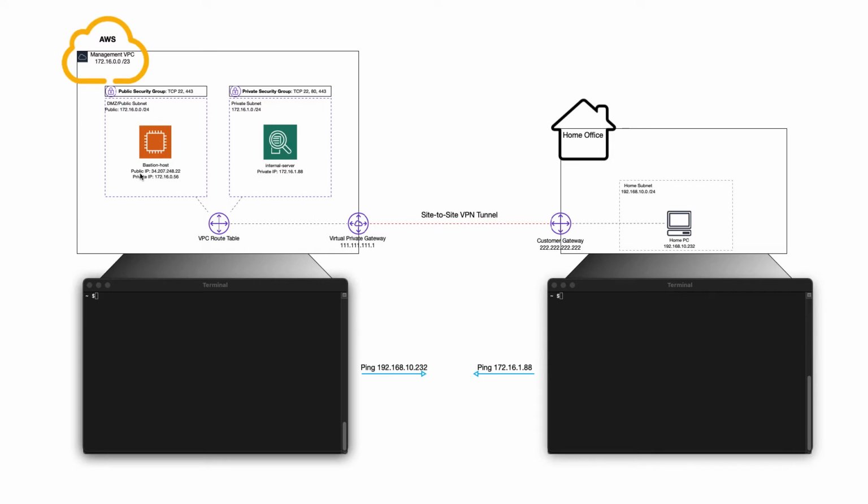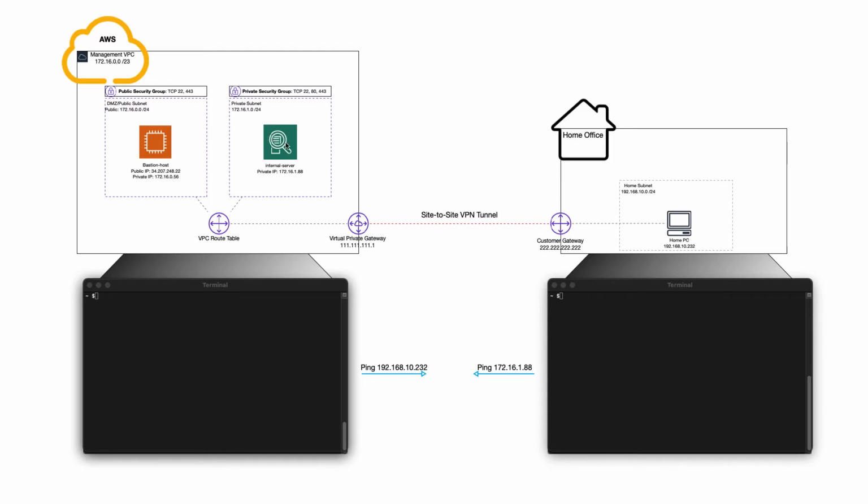The Bastion host has a public IP address assigned of 34.207.248.22 and a private IP address of 172.16.0.56. On the right-hand side, you have the second subnet, which is the private subnet, and it's using the address space of 172.16.1.0/24.